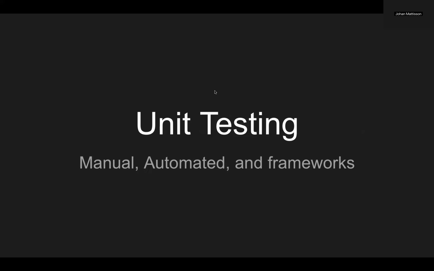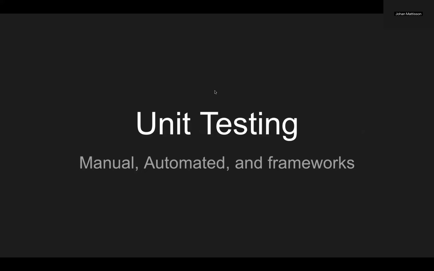Can be bigger as well, but when you talk about unit testing, you usually refer to testing a class or testing a method, for example. You can use unit testing frameworks to test other aspects as well, but it requires a lot of build-ups, setups and stuff like that in order to work.